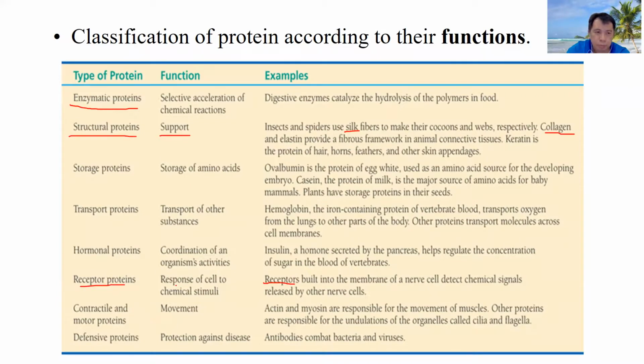Actin and myosin for muscle contraction and movement of limbs are classified as contractile and motor proteins. Antibodies are classified as defensive proteins, and so on for the rest. Hemoglobin, we classify as a transport protein. So the classification depends on your purpose: whether you classify according to function, structure, or composition.